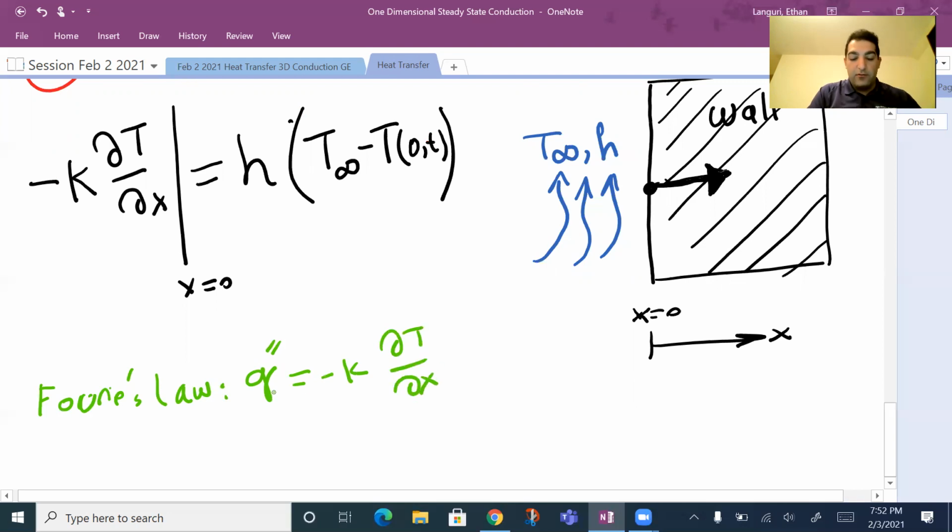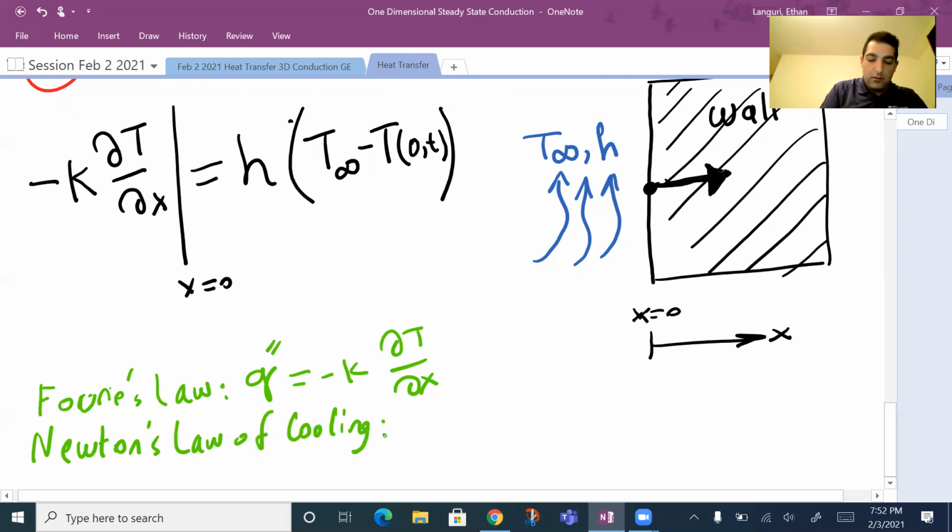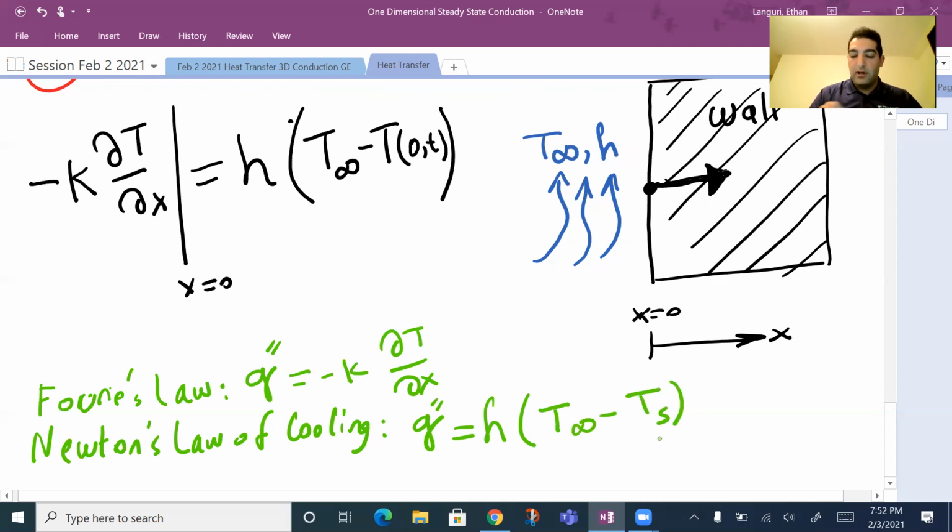For the case of Q, it would be minus kA dT/dx, which with heat flux, we divide both sides by area. And Newton's law of cooling, if you remember, was hA delta T. So in the case of heat flux, dividing by area on both sides, you have h delta T, which is fluid temperature, or T infinity, minus surface temperature, right?